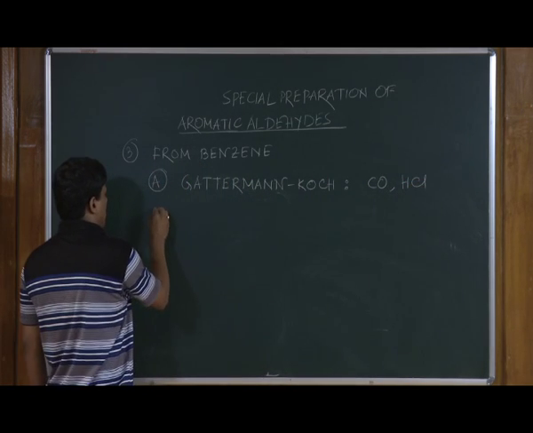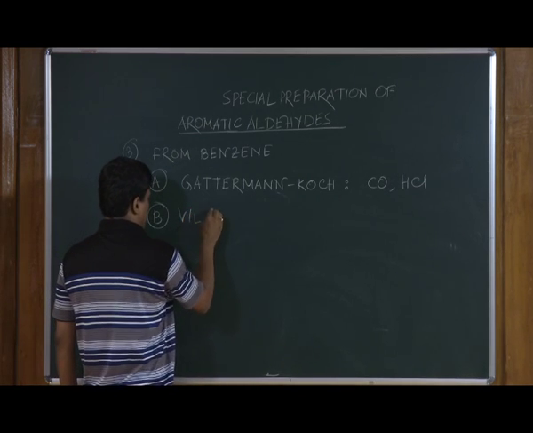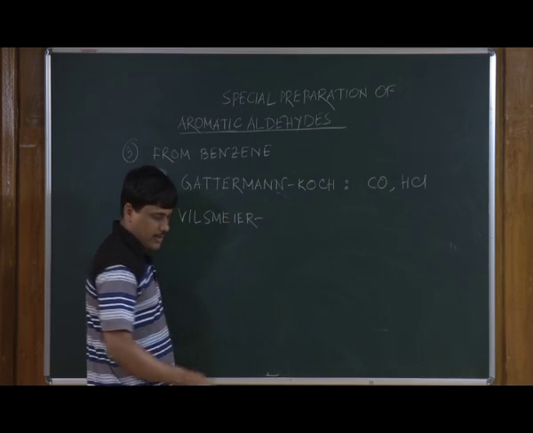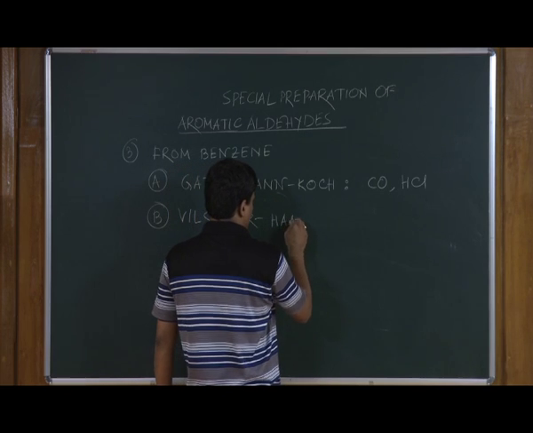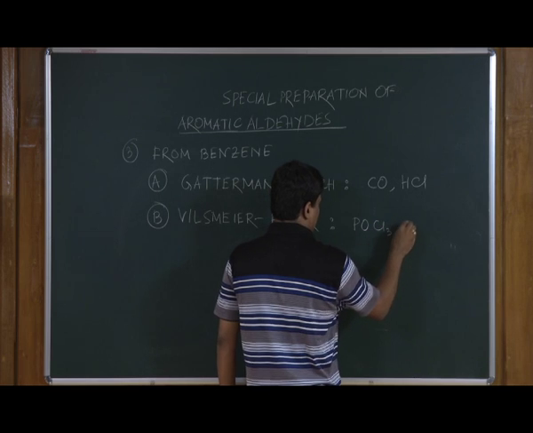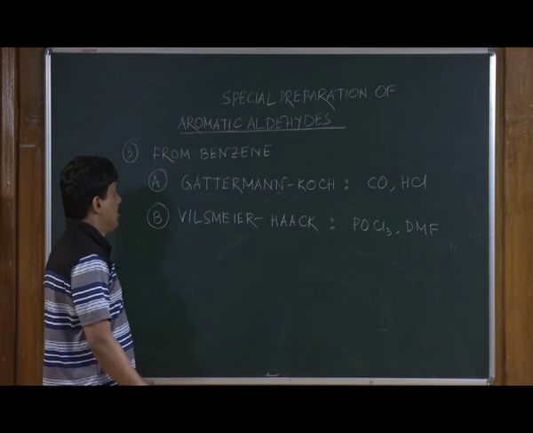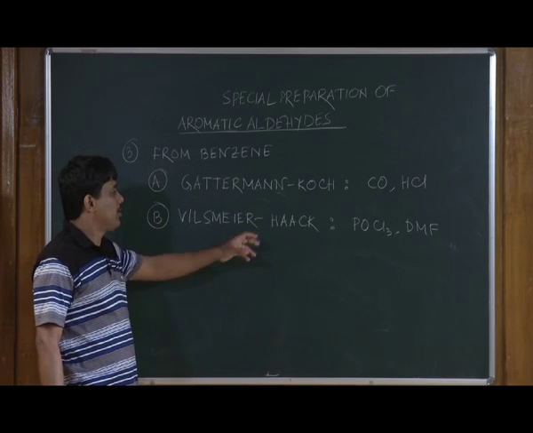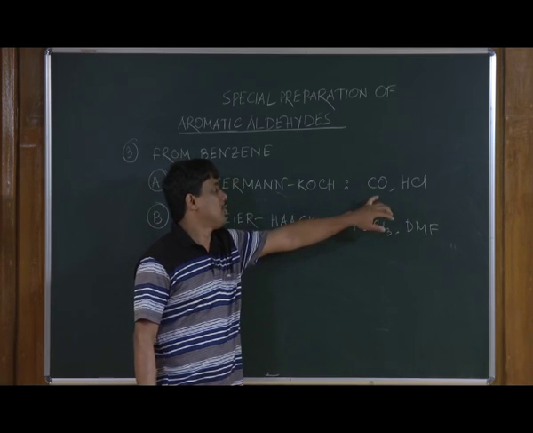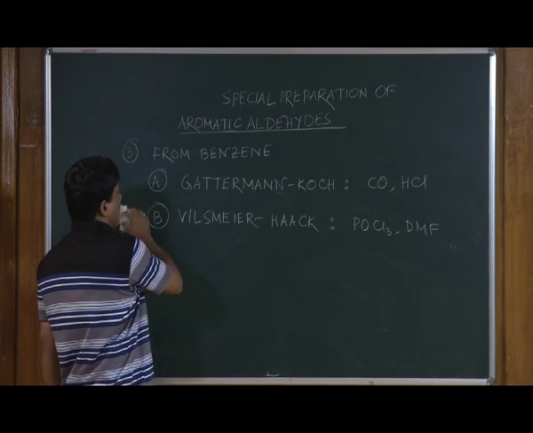Another method we will discuss a little bit is called Vilsmeier-Haack, where POCl3 and DMF are used. So, for benzene it is understood that you have to bring one more carbon atom, and this single carbon unit, like POCl3 or the DMF, takes part in this kind of reaction.